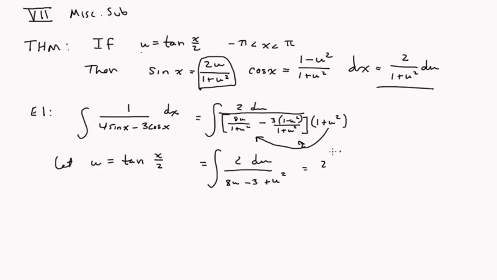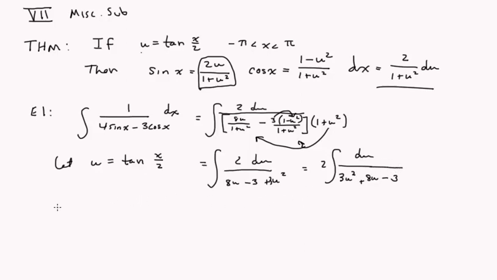And we have 2 du over, actually, looks like I need a 3 down here. Yep, because it is 3 distributed. Sorry about that. So du over 3u squared plus 8u minus 3.